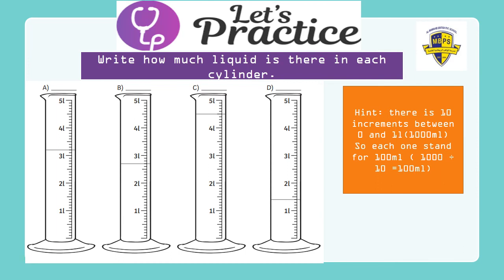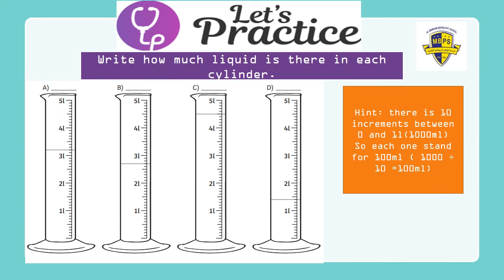Second step, the numbers are counting by 1. Yes. Then we check the lines between the numbers. For example, between 1 liter and 2 liter, check how many extra lines are between these two numbers. Good. There are 10 extra lines.